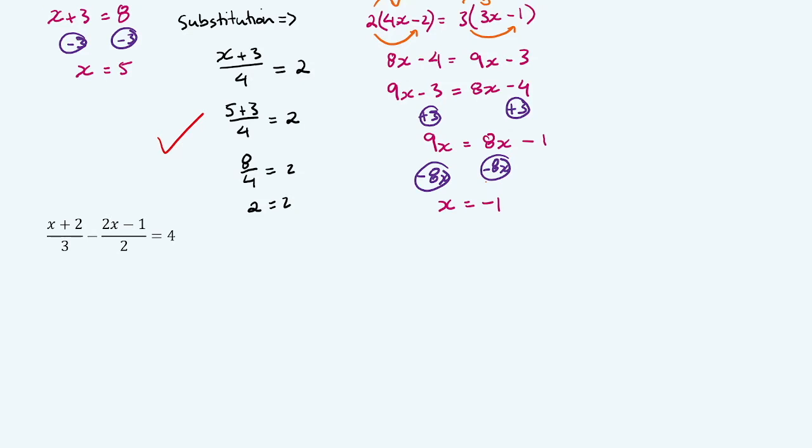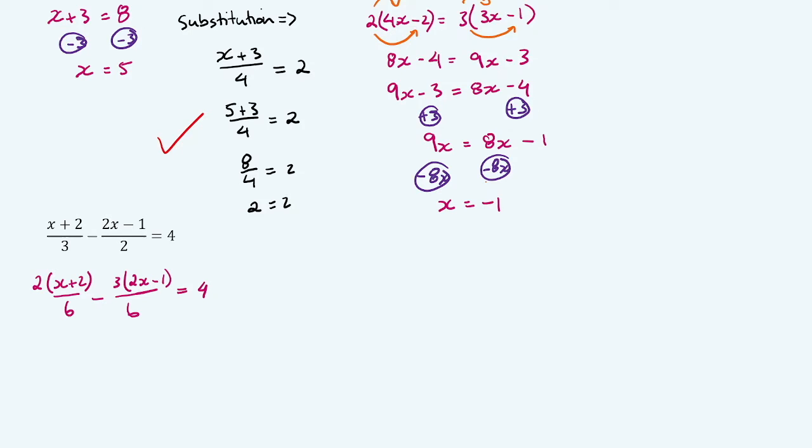So what I need to do is find a lowest common denominator. That's going to be 6. My lowest common denominator is 6. And then I do a cross multiply. So over here I'm going to have 2 outside of x plus 2. And on the other side I'm going to have 3 outside of 2x minus 1.